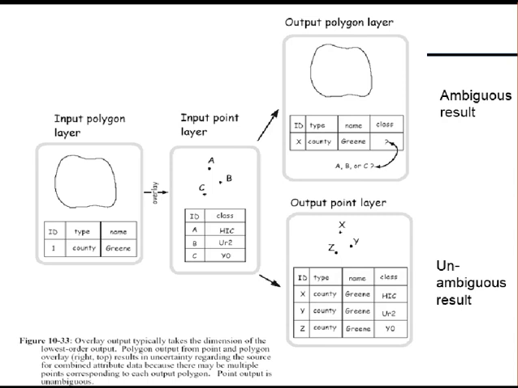It is not clear which value should be recorded in the output polygon, the class value from A, B, or C. And we see this in the ambiguous result in the top of the right-hand side of the slide. When a point layer is output, and on the slide this is on the bottom right, there is no ambiguity. Each output point feature contains the original point attribute information plus the input polygon feature attributes.